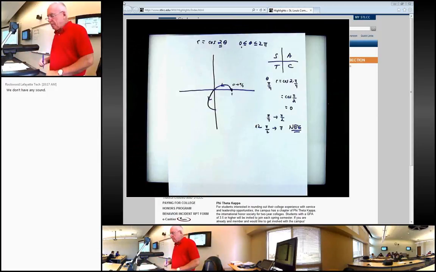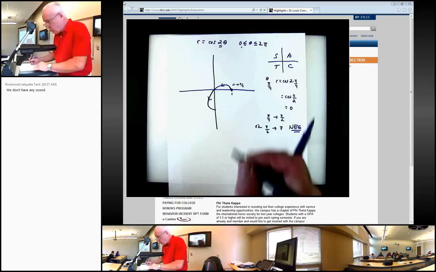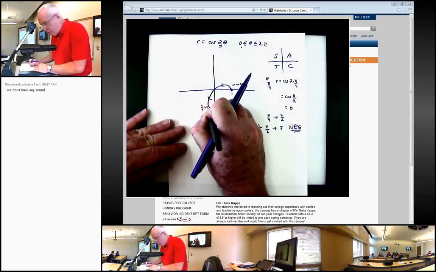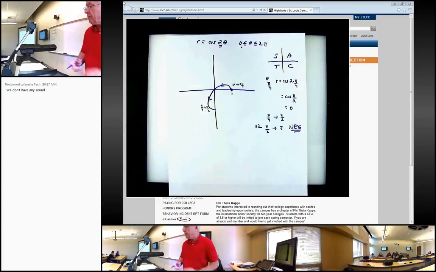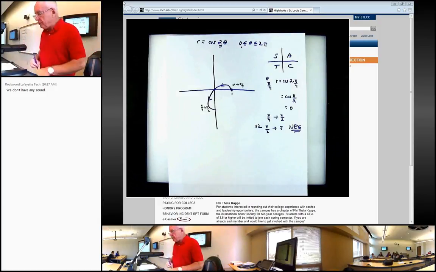Okay, and my drawing looks off already, but this is from pi over 4 to pi over 2, like that. Okay, so we're going to be in that opposite quadrant because we have negative values.